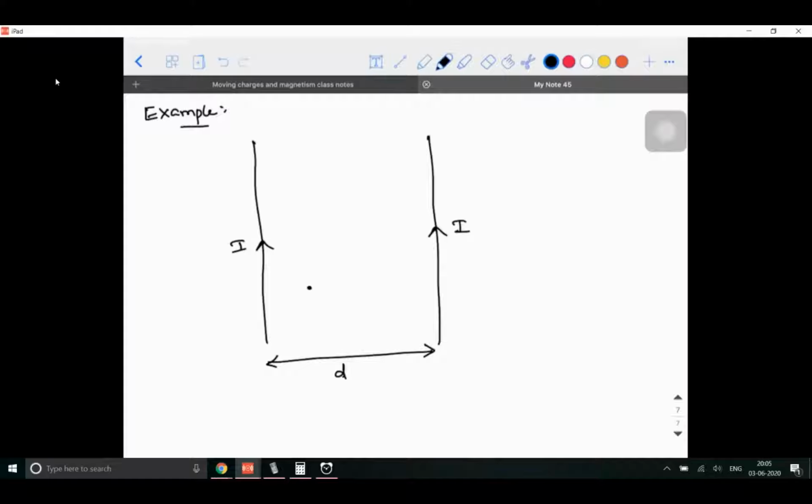Now I want to find the magnetic field due to the whole system at point A, point B, and point C, which are at a distance of A, B, and C, like this.